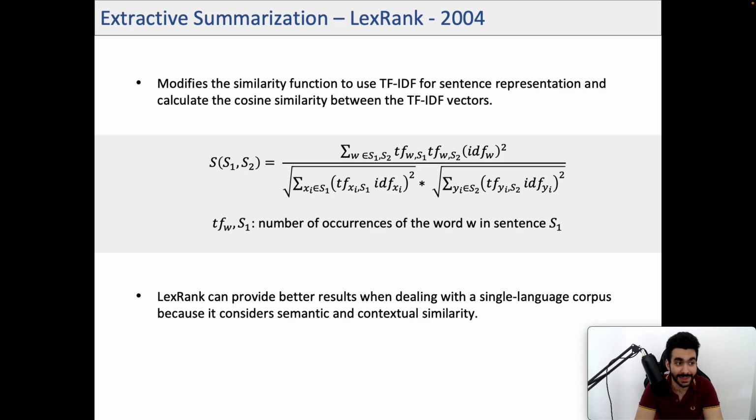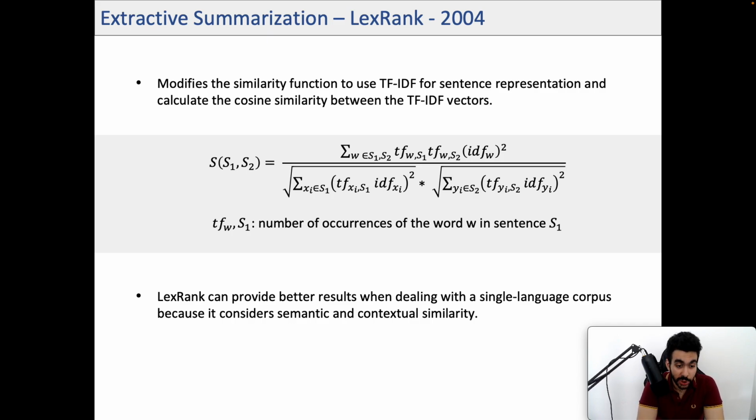It calculates the cosine similarity, which is the dot product over the multiplied lengths, and it brings out a different similarity metric to provide better results when dealing with a single language corpus. For instance, if you're using only English right now, it now has more information about the semantic and more information about the contextual similarity.